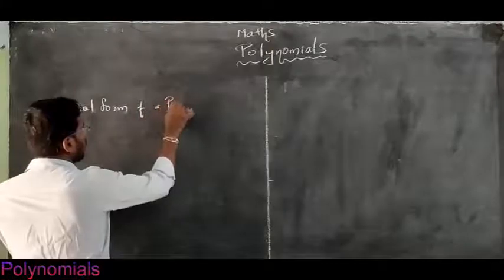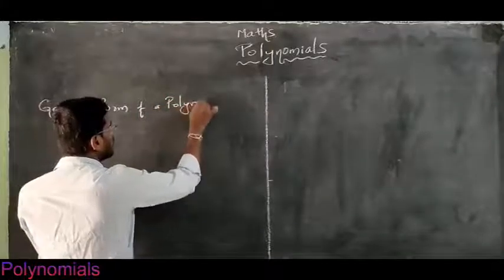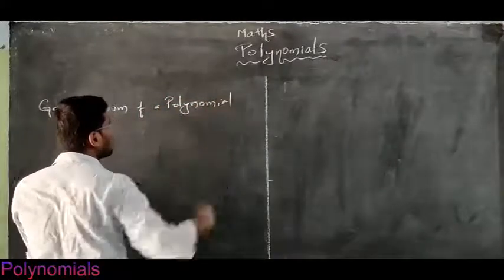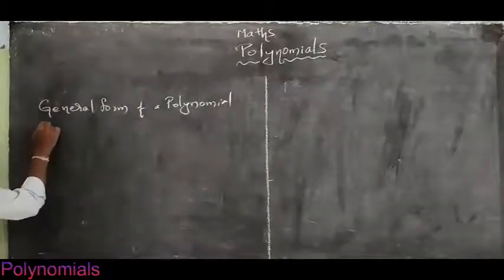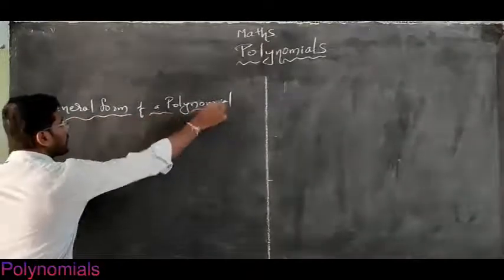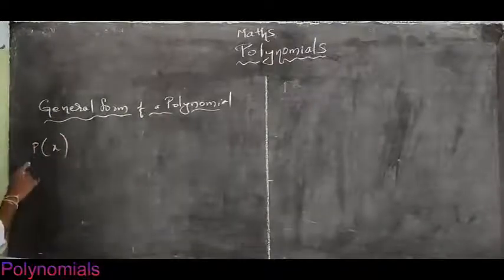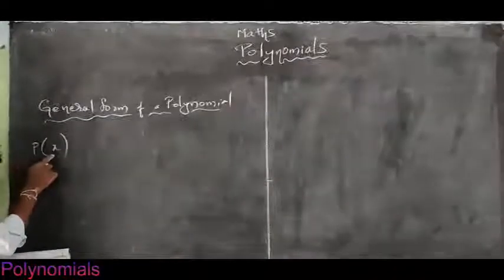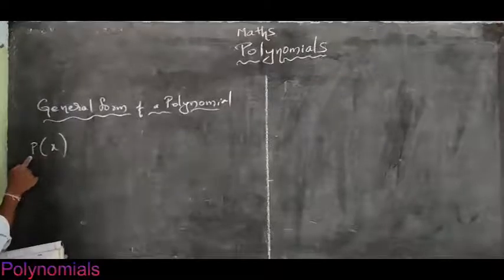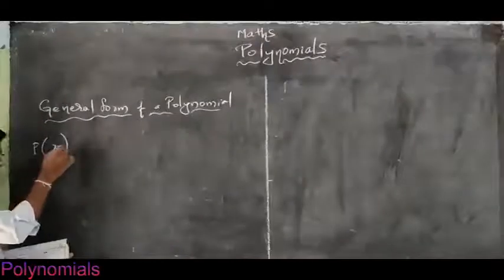General form of a polynomial. P of x. P of x means a polynomial in which the variable is x.